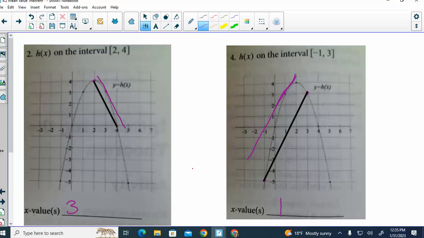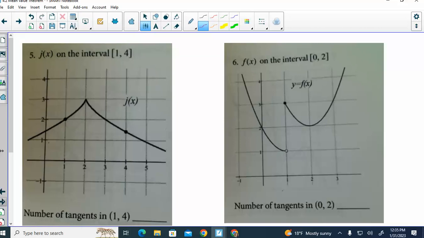The next two that I put on here are still graphs, but they don't meet all the requirements. What's wrong with this first one? It has a sharp corner. That means it's not differentiable right here.